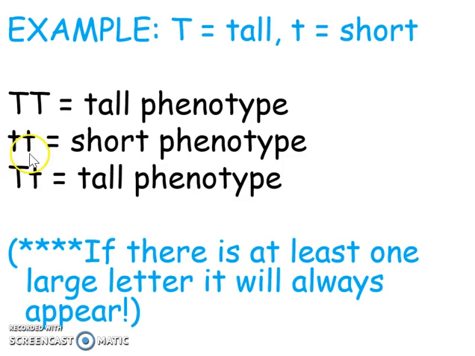Here, you have 2 lowercase t's. Is there a capital? No. So it will be the recessive gene, and will show the recessive phenotype, which is short. Here, you have a heterozygous genotype, and you do have a capital letter. This capital letter will take over the lowercase, so it will also be tall. If there is at least one capital letter, it will always appear.